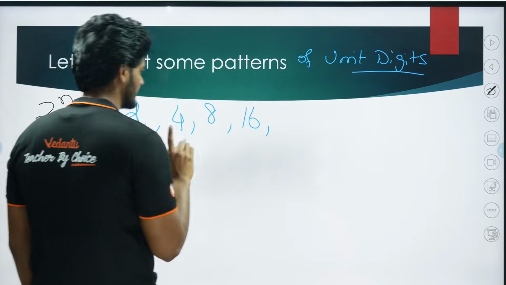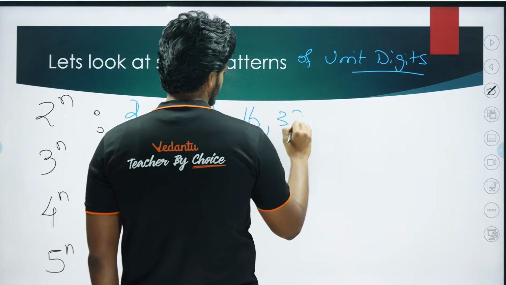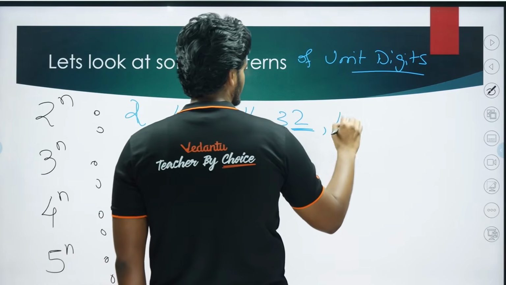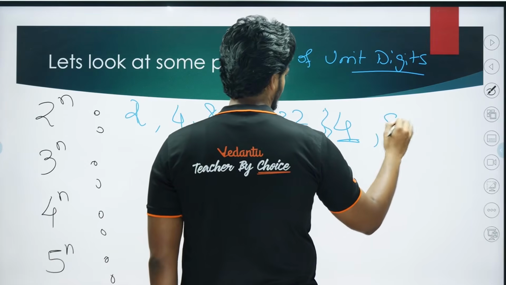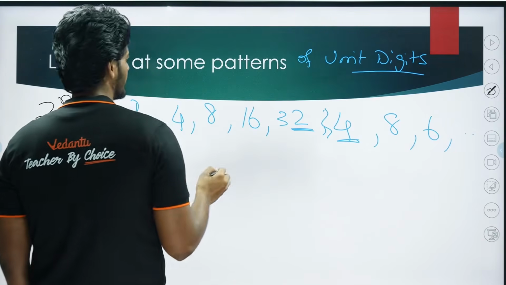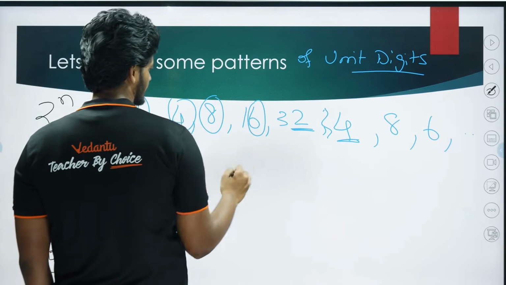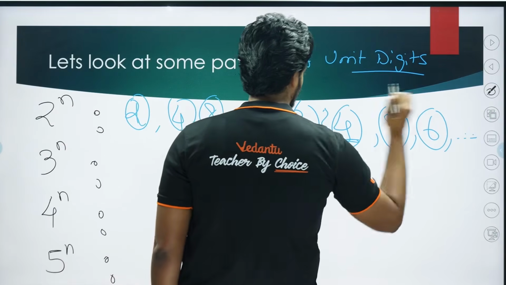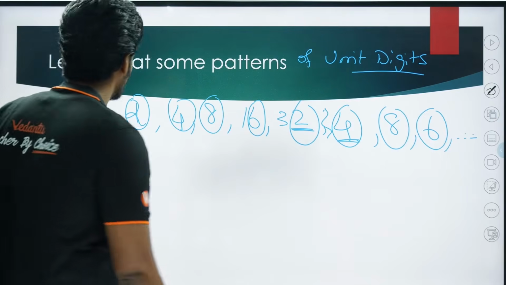So let's only look at that. Now 6 into 2, 32. So we have 32. Whatever it be, it will be something 4, something 8, something 6. So it's going to repeat. So do you see the pattern? 2, 4, 8, 6. 2, 4, 8, 6, and so on. So the 2, 4, 8, 6 is repeating in the powers of 2.